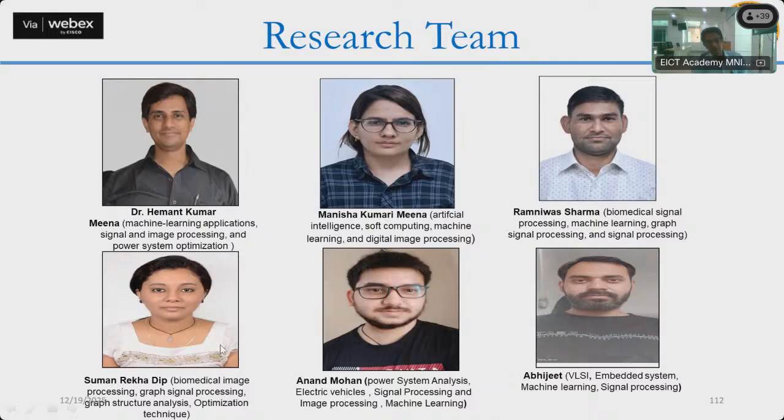Suman is working on brain tumor MRI. Also, we are planning to extend our work using the EEG. Anand is working on wave radar signal processing, and image processing is also a part. This is the member whom you have met. He is working on the hardware.